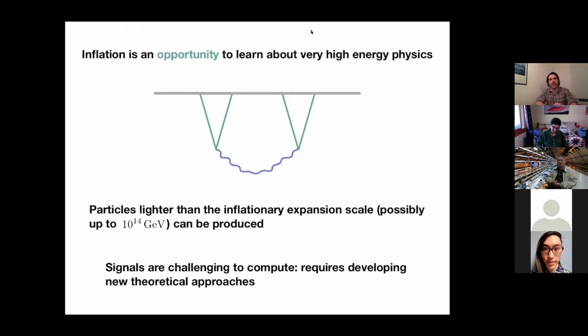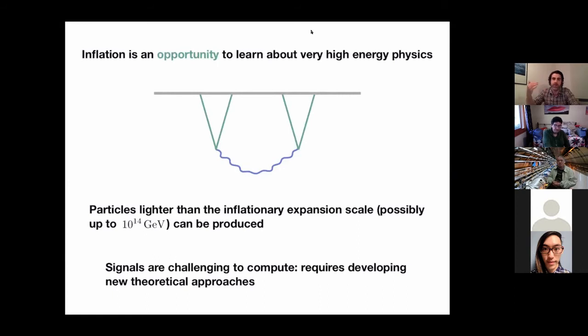Okay. So another nice thing about inflation is that inflation took place at very high energies, or it could have taken place at very high energies. We don't know precisely the inflationary energy scale, of course. And the fact that the bulk dynamics get imprinted on the late time boundary tells us that measuring these correlations is an opportunity to learn about very high energy physics, because the energy scale associated to the expansion rate is very large during inflation.